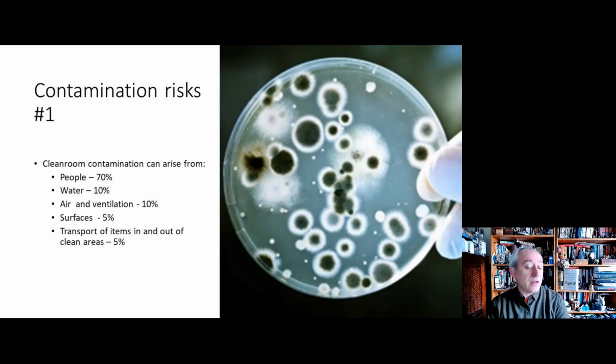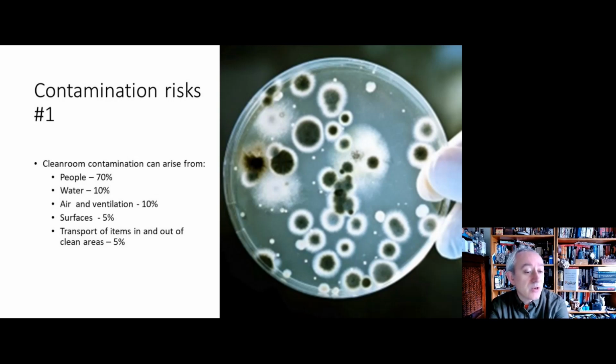Then we have air and ventilation. In terms of distributing contamination, air represents a reasonable vector. And then we have water, and water is a double problem because there are certain types of bacteria, the gram negatives, the water loving organisms, that thrive in water and can grow.